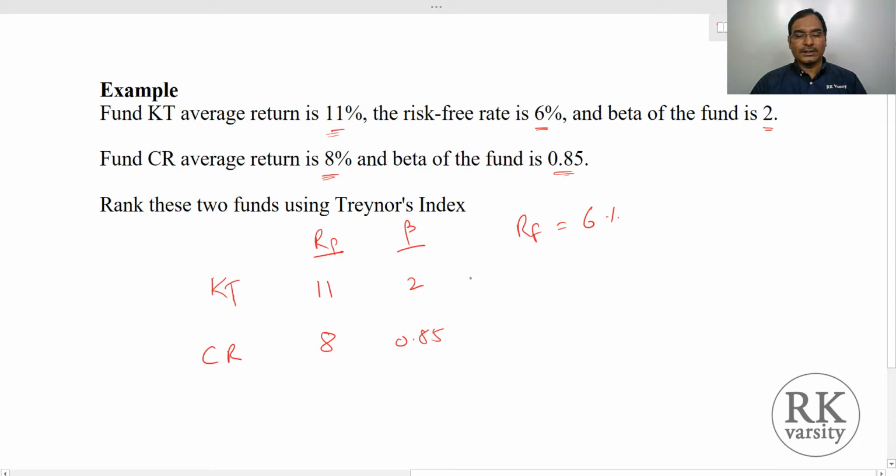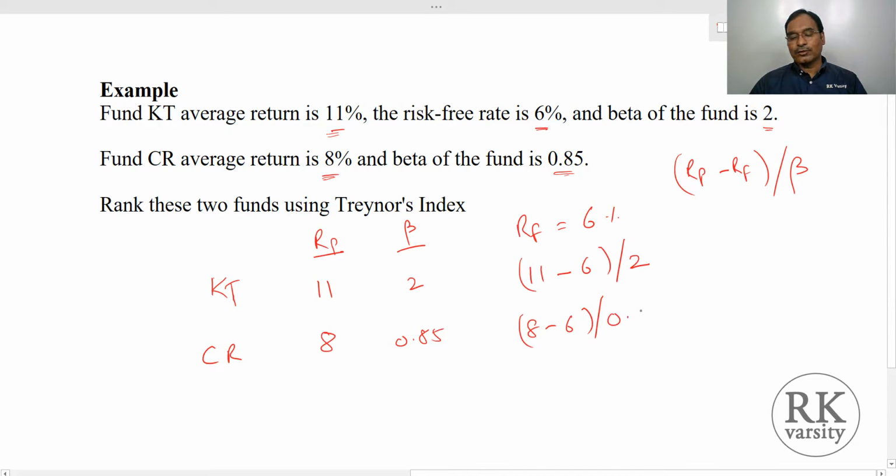So using this we can calculate the values. The equation is return on portfolio minus risk-free rate, upon beta of the portfolio. For the first one, the return on the portfolio is 11 minus risk-free rate 6, then the beta is 2. For the second one, the return on the portfolio is 8 minus risk-free rate 6%, then the beta of the portfolio is 0.85.